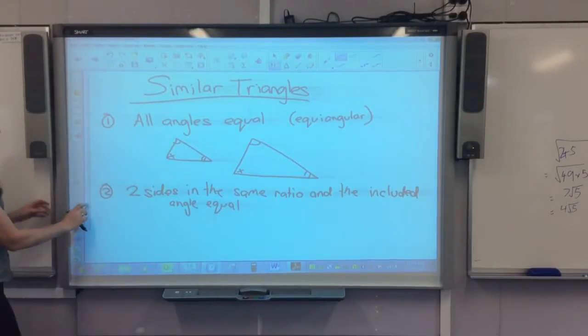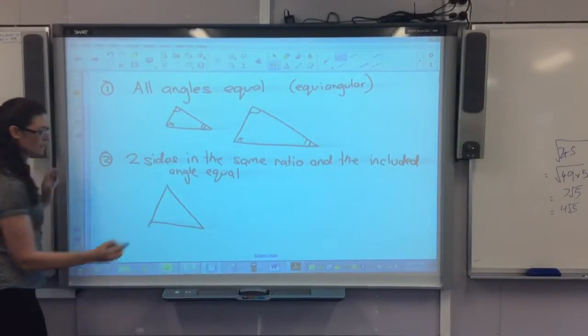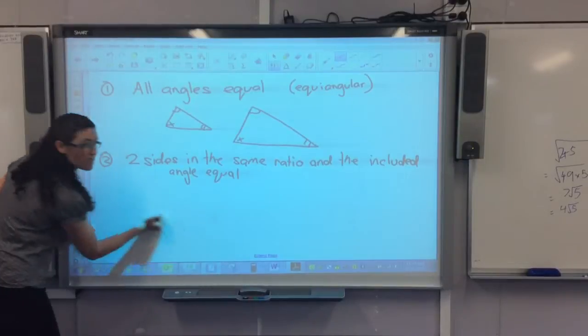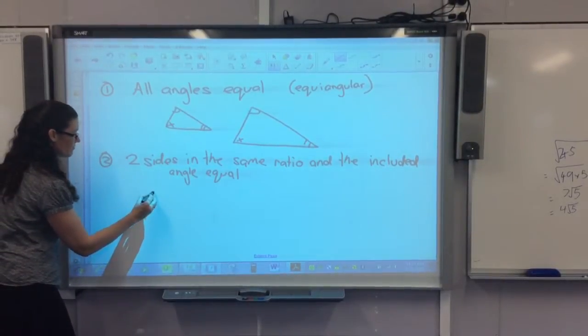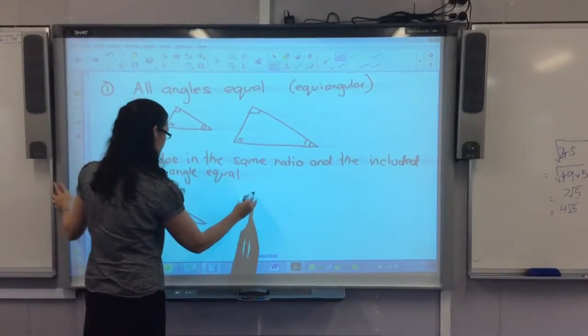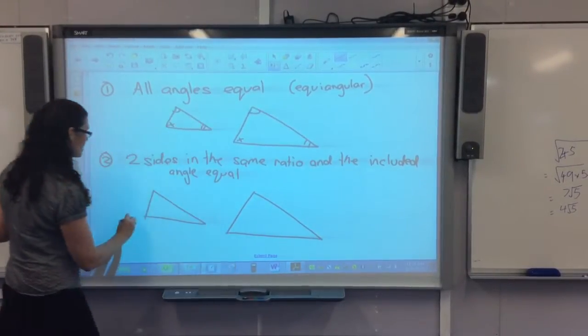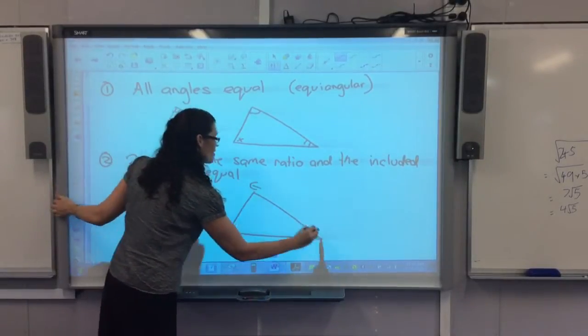Okay, so we're not calling it SAS because that's congruent. Come on, Charlie, please concentrate. Okay, so say this was triangle ABC, and this is triangle DEF.